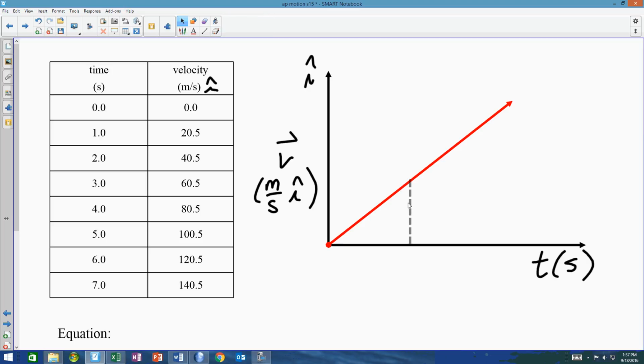Okay, so we're plotting velocity in meters per second I hat with respect to time. While you do that, I'm going to go ahead and plot the data in an Excel spreadsheet so I can see the line of best fit.